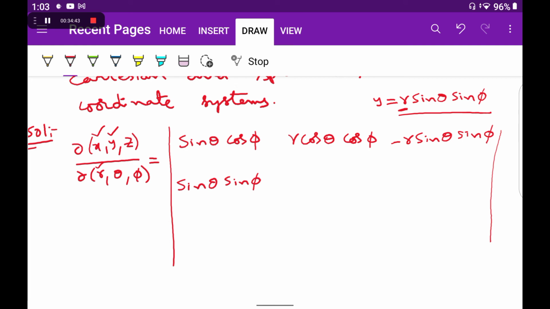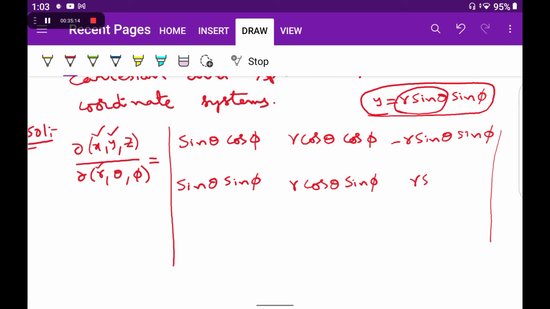Now differentiate y with respect to theta. Then r and sin phi are constant. Derivative of sin theta is cos theta. So r cos theta sin phi. Then differentiate y with respect to phi. r sin theta is constant. Derivative of sin phi with respect to phi is cos phi.